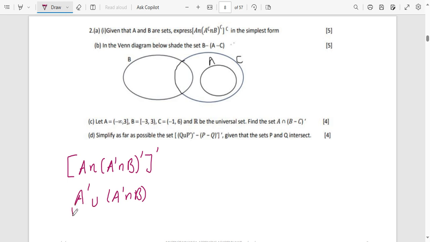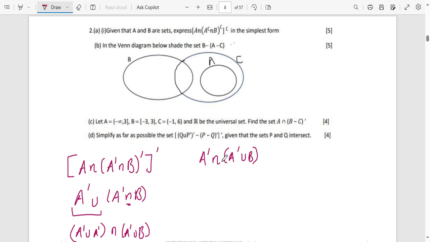The distributive law is you get this A complement union, so it becomes A complement union, distribute to the A complement inside the brackets, and then get the intersection in the middle, and then the same A complement union, distribute to what is inside the B. Now we had mentioned that A union A is A, so meaning A complement union A complement is A complement, and then there's an intersection here, and then we have got A complement union B.